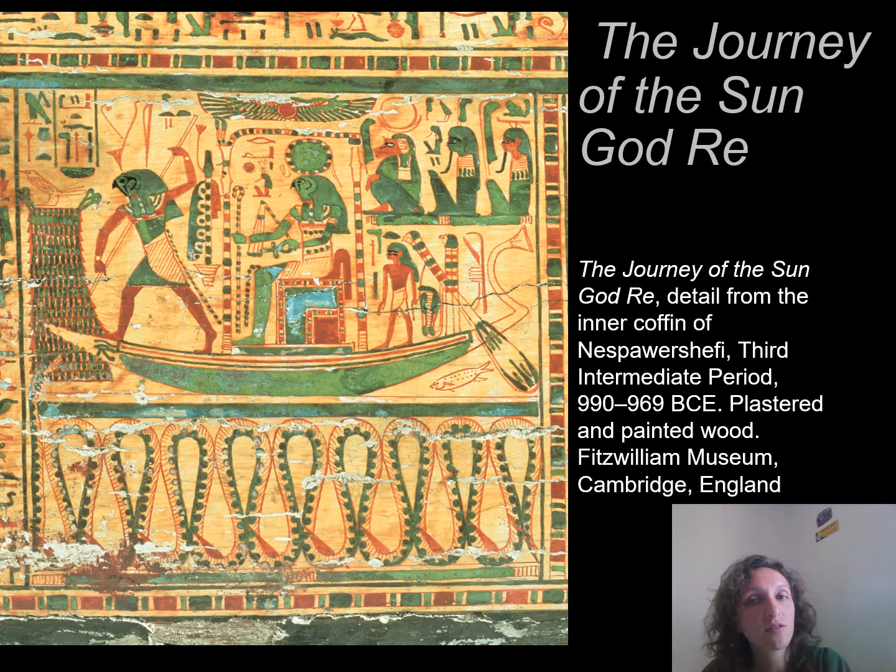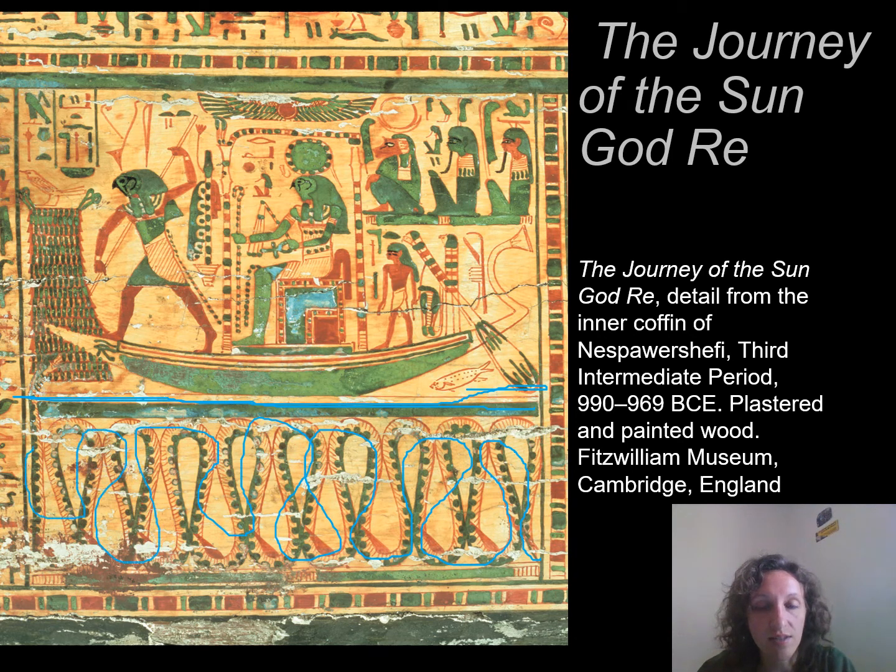All right, this is the journey of the sun god Ra. This also depicts water. We have this boat here, and you can see it's resting on the water. I don't know if you can see that line. And then we have this nice smooth rhythm going down here, these up and down waves, right?